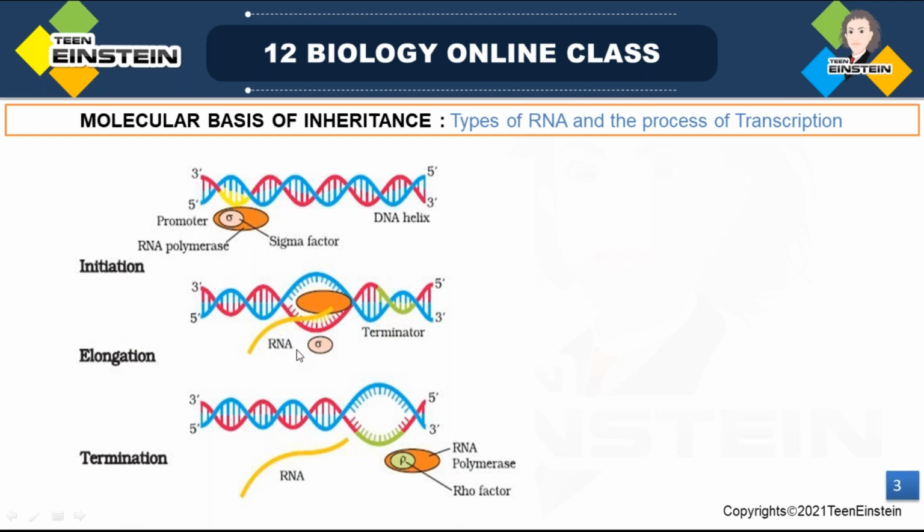So that nascent RNA falls off when the polymerization reaches the end. What happens when the polymerization reaches the end, or the termination region is reached? When it is reaching near the end or the termination region, all these are happening.